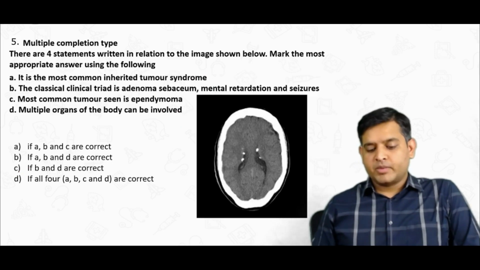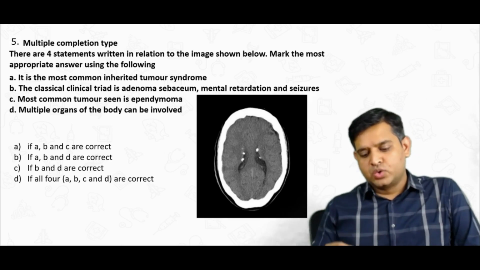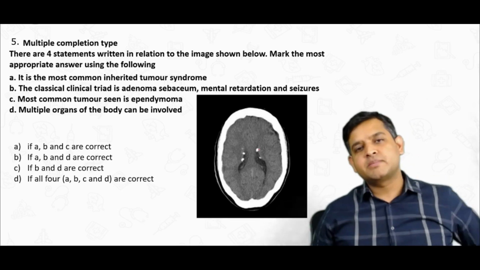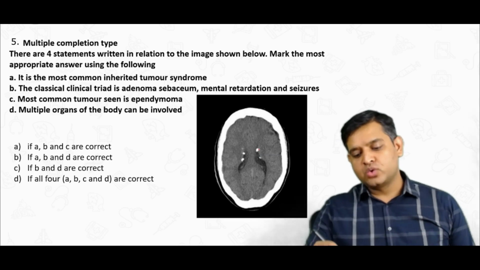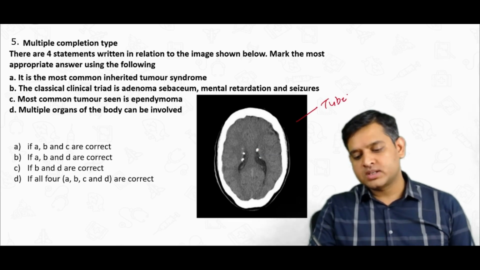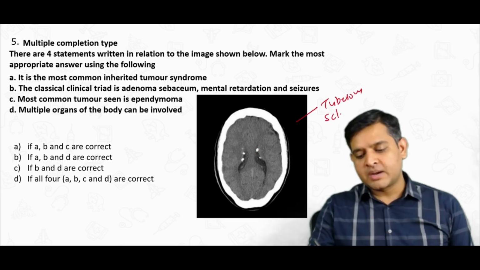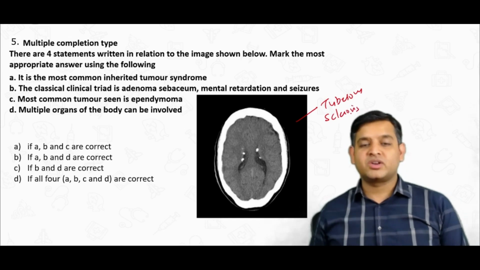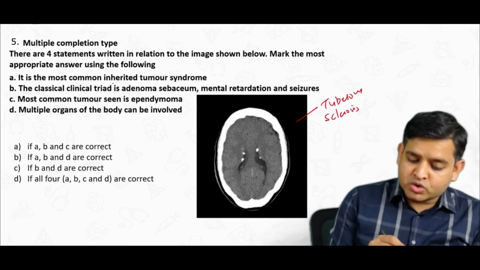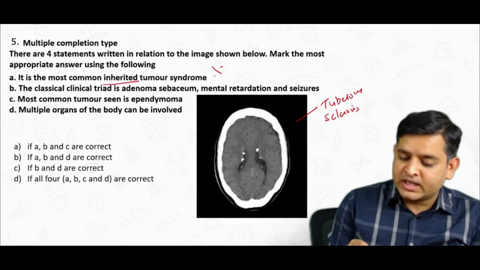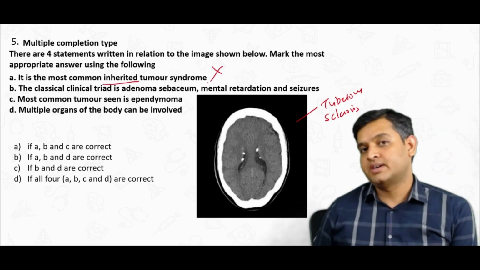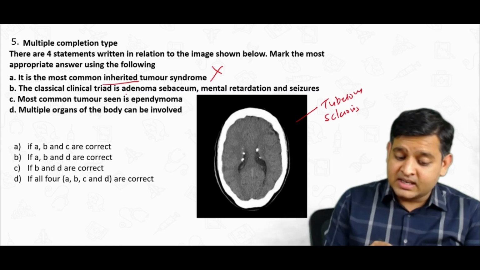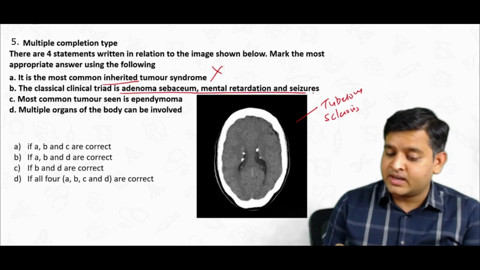Next question. Just by looking at the image, you know these are calcified subependymal nodules, and you know that these are a feature of tuberous sclerosis. So the examiner is asking about tuberous sclerosis. Let's read the statements. It is the most common inherited tumor syndrome. No, that is wrong. It is not inherited. The classical triad is adenoma sebaceum, mental retardation, and seizures.